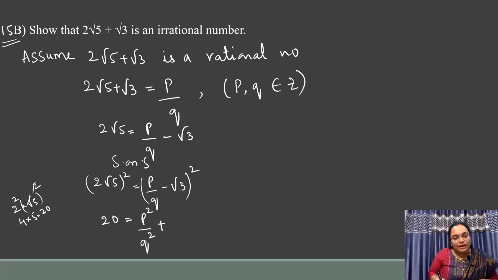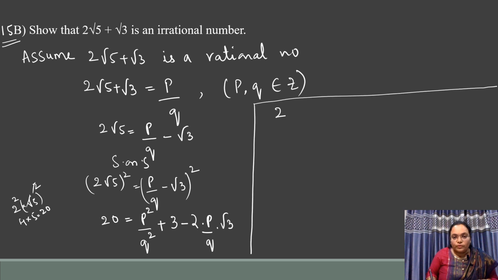Root 3 whole square is 3, minus 2 into p by q into root 3. 20 is equal to p square by q square plus 3 minus 2 root 3 p by q.